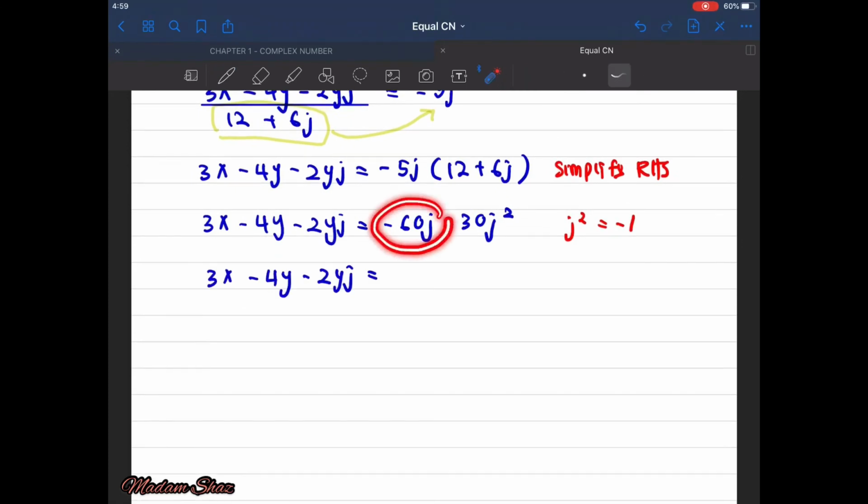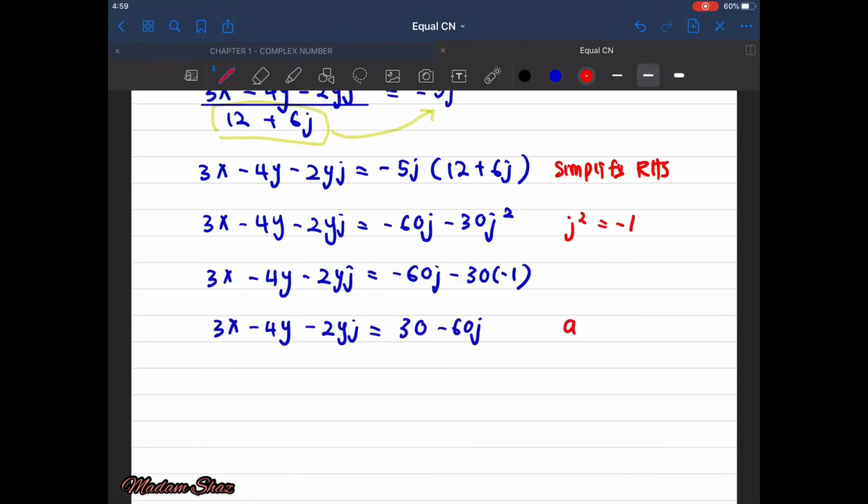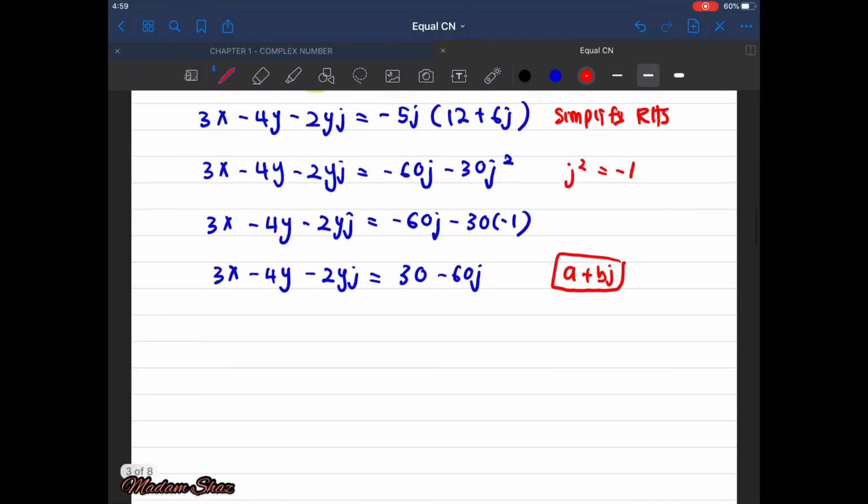So negative 60j minus 30j square will become negative 60j minus 30 multiplied by negative 1. So negative 30 times negative 1 will become positive 30. We always try to write in terms of a plus bj, so that it is easy for you to compare the left hand side and right hand side.